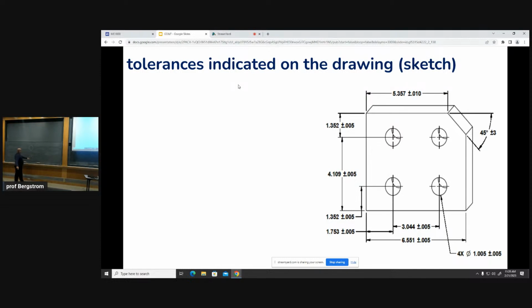So where is this hole? It's 4.109. Somebody got a calculator? 4.109 minus 1.352.